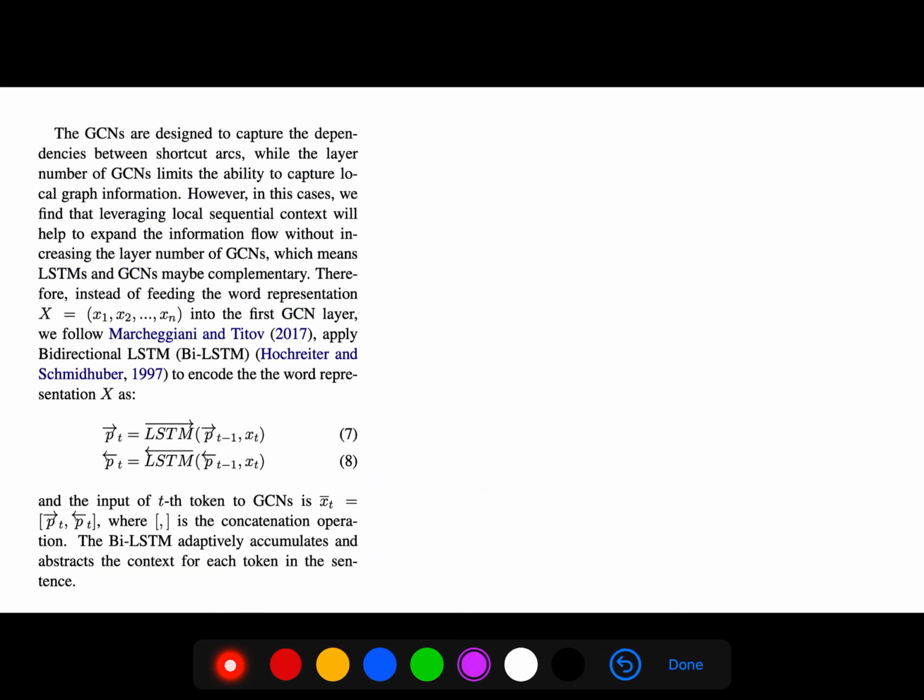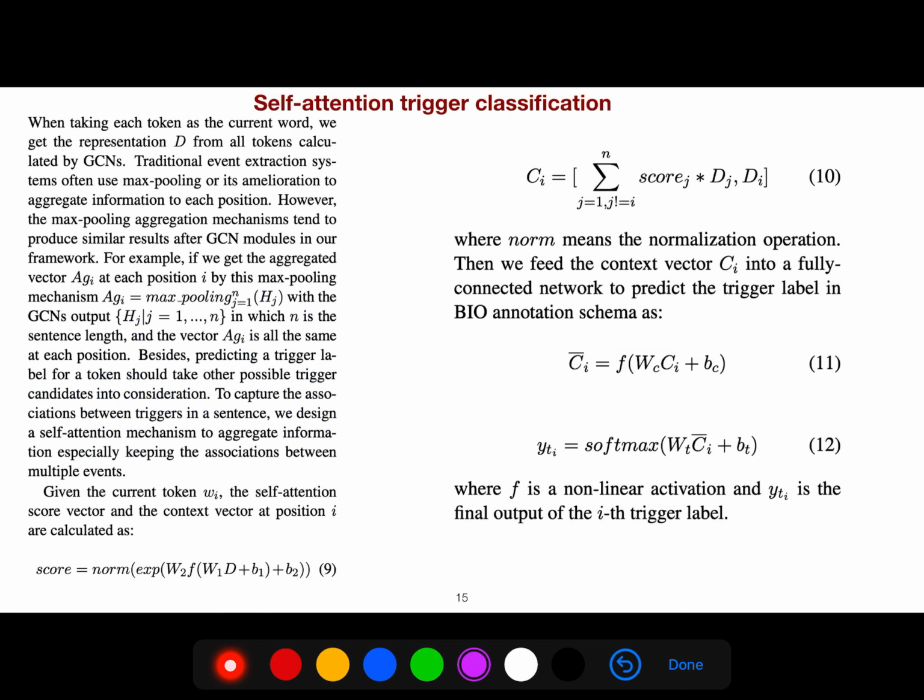But instead of feeding the word representation into the first graph convolutional network, we just use this BiLSTM. It has a better contextual representation. And then we have this self-attention score and the context vector at position i.